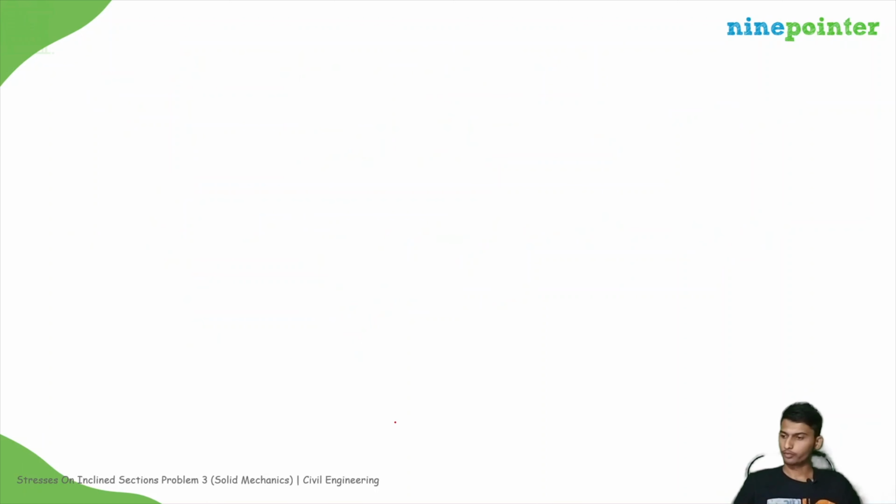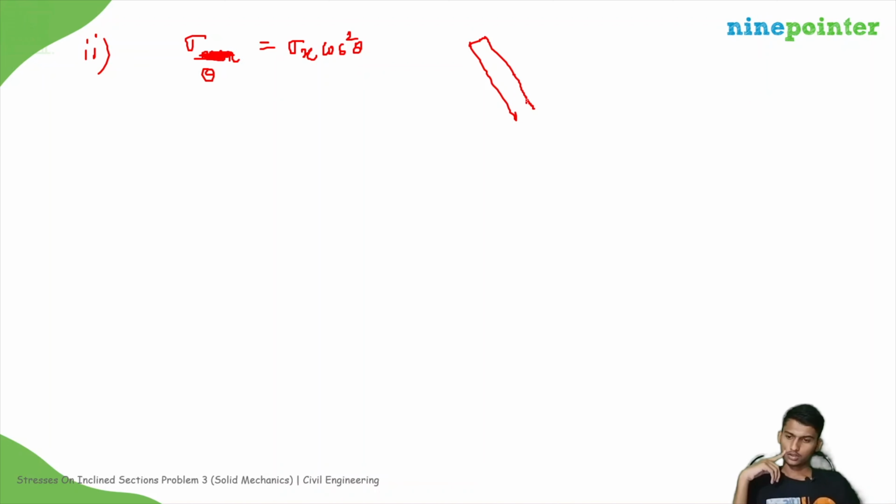Let us calculate case 2. See, in 2, it is an inclined section, right? So for an inclined section, what is sigma max? Sigma at inclined section theta will be sigma x cos square theta, right? So what is theta? If you consider here, this is the cross section given, and this angle is given as 36 degrees. But our theta is between this perpendicular cross section and this cross section. The angle between these two cross sections is 54 degrees, right?